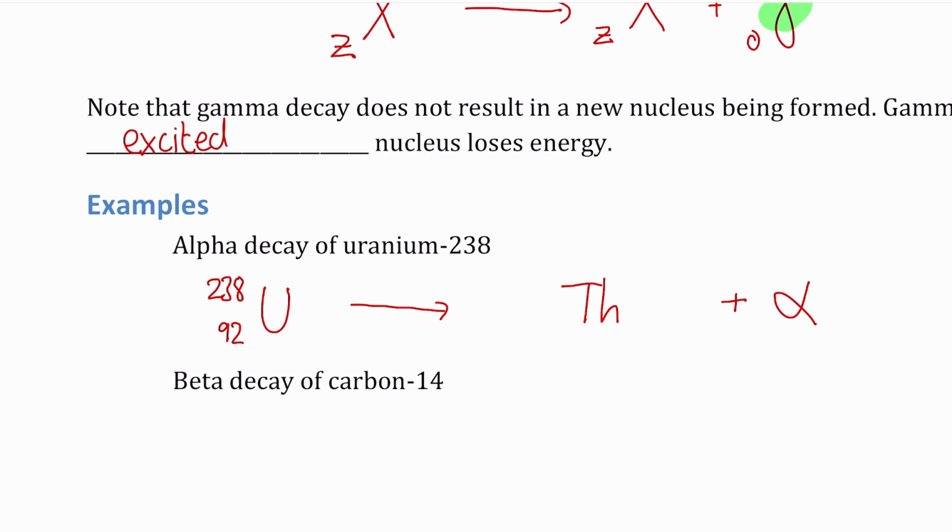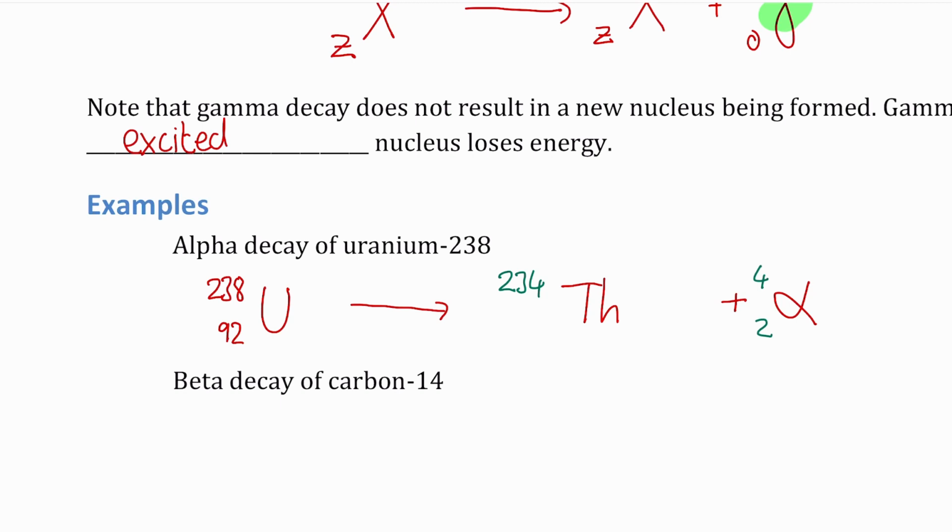Well, the only ones you have to memorize are alpha. And you should know that as 4 and 2. So the mass number of thorium, we start off with 238. We end up with this plus 4. So what plus 4 equals 238? It's 2, 3, 4.